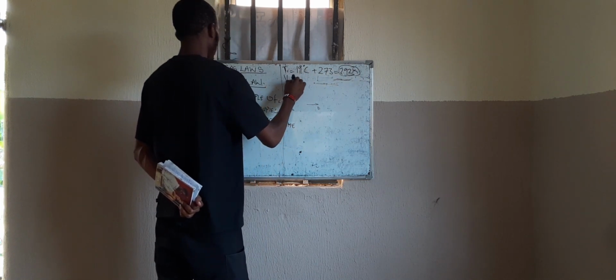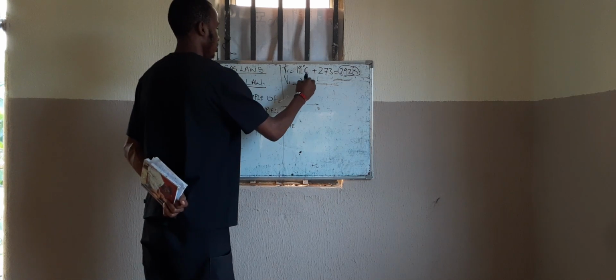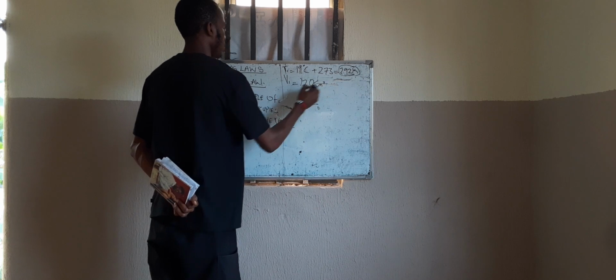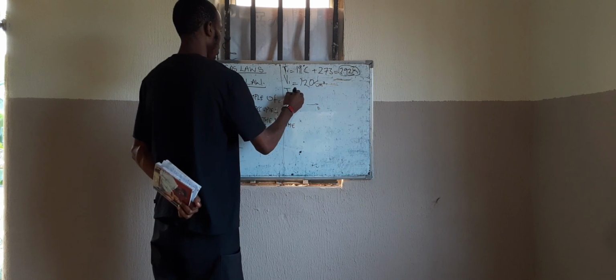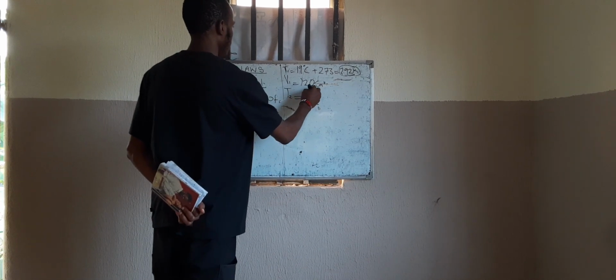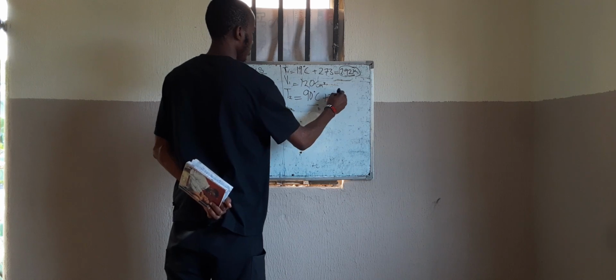So V1, the first volume we have there, is 120 cm³. T2 is 90 degrees Celsius. Take it to Kelvin by adding 273.